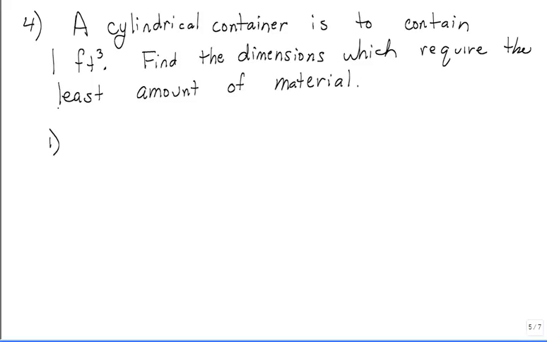Max or min? Well, it says least amount, so that's a min. What do I want to minimize? The amount of material. So what do you make things out of? It's what you wrap around the cylinder. That's called the surface area.